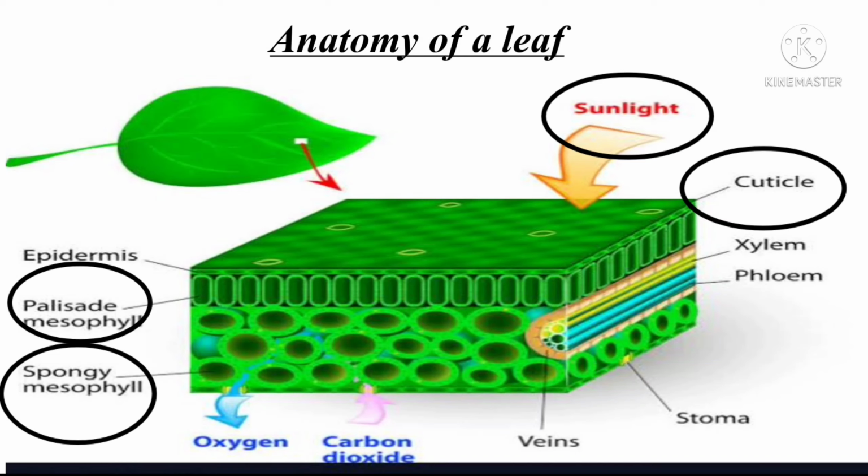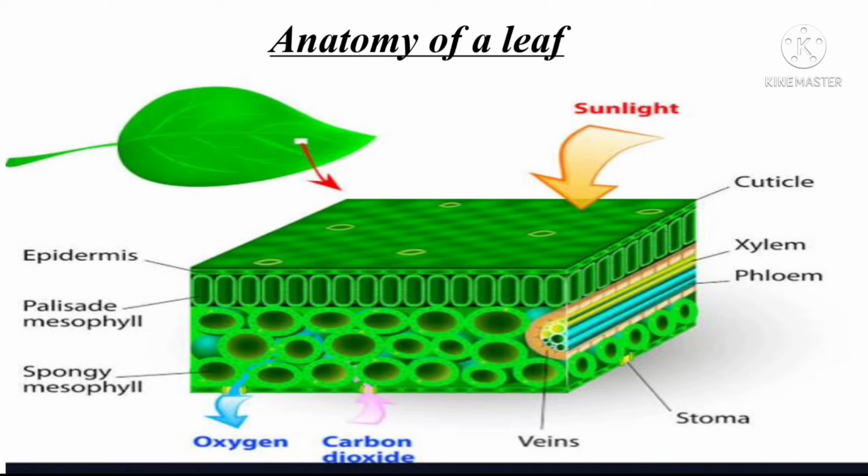Dear students, these pores are called stoma or stomata, and through these stomata, oxygen gets outside the leaf after the photosynthetic reaction completes, and carbon dioxide, which is essential for the photosynthetic reaction, goes inside the leaf through these pores only.